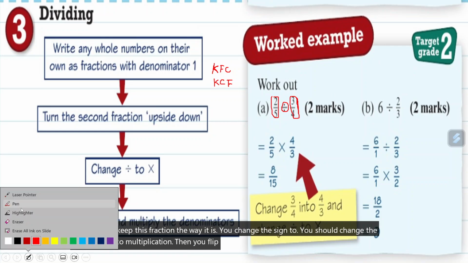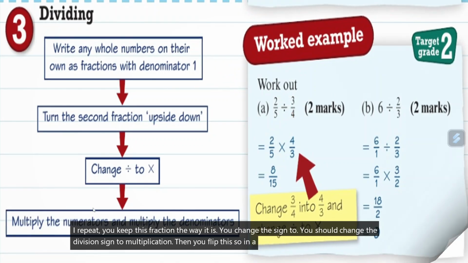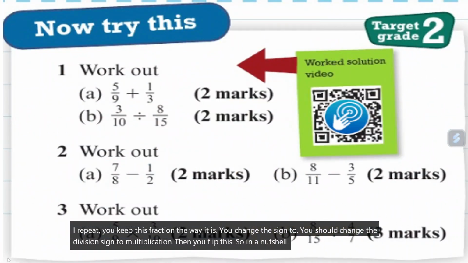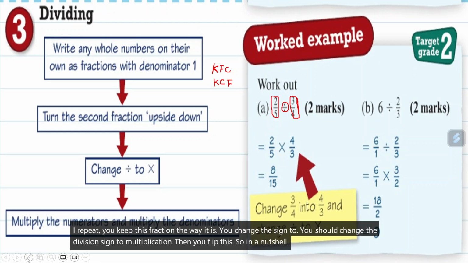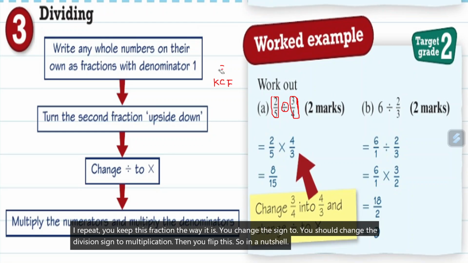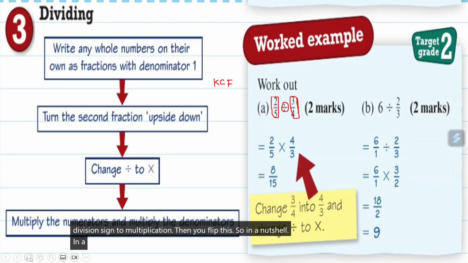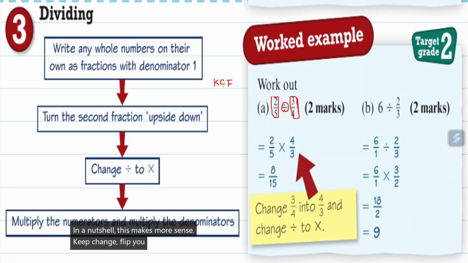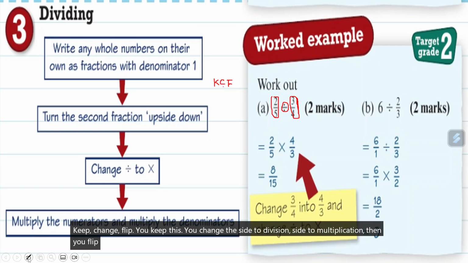So in a nutshell, this makes more sense. Keep, change, flip. You keep this, you change the division sign to multiplication, then you flip this fraction.